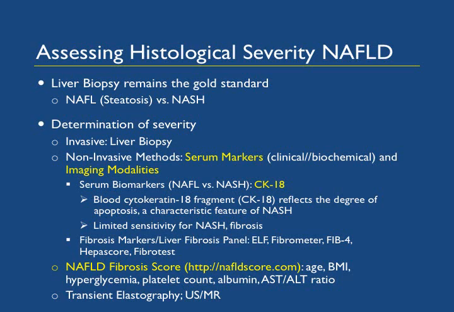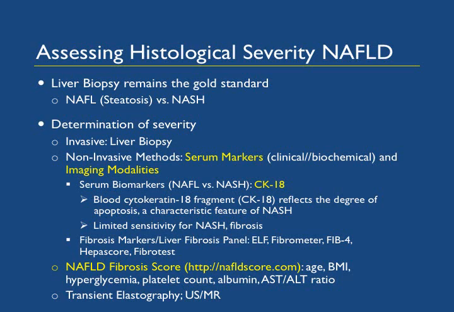One of the probably most commonly used, simple to use, and very useful tools in the office is the NAFLD fibrosis score. You can actually calculate this in the office when you're seeing the patient, and this uses simple variables like age, BMI, whether the patient has hyperglycemia, the platelet count, albumin, and the AST to ALT ratio.